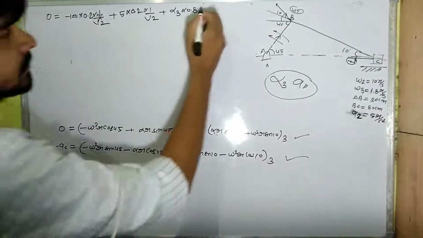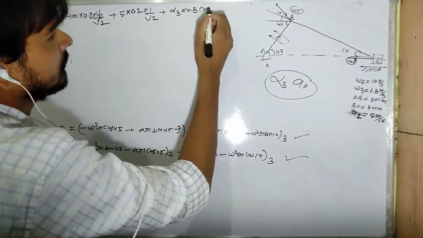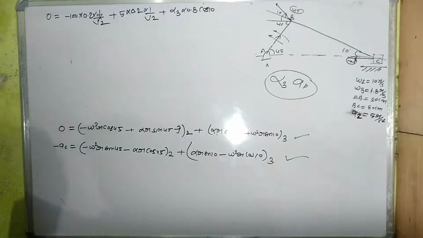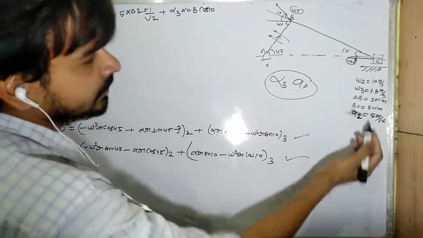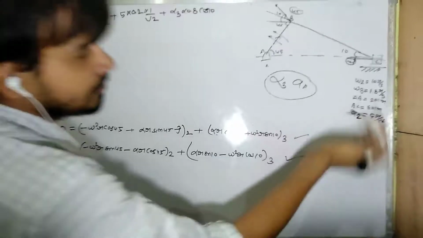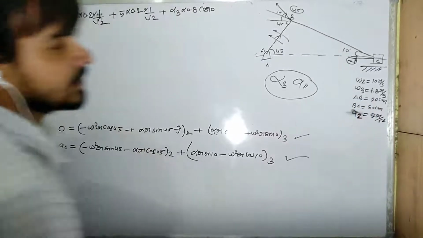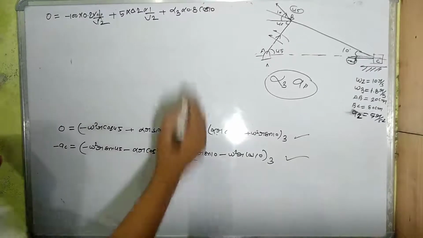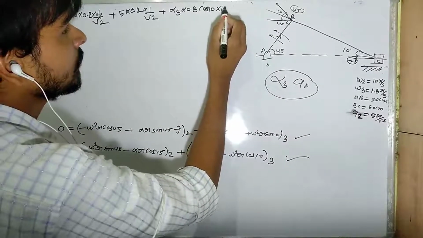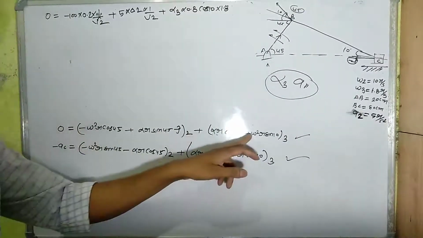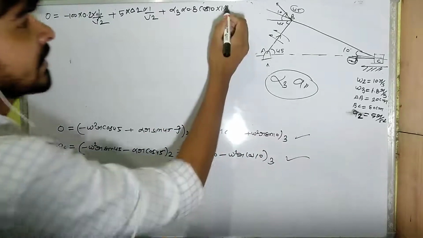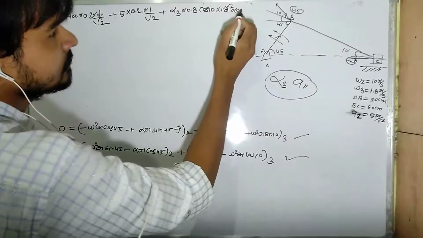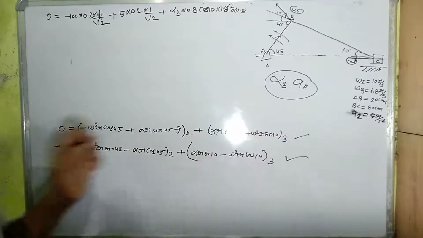cos 10 you leave like this only, cos 10, omega square r, omega 3 you know that we have found in my previous video, this is 1.8 radian per second, so omega square, that means 1.8 square, r is again 0.8 into sin 10.